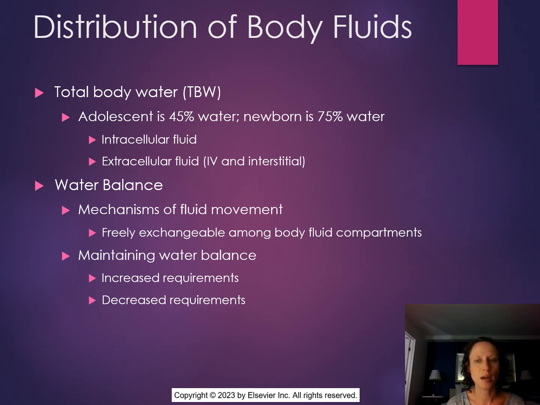It's a really good table that goes over it. Okay, so when we're talking about the distribution of bodily fluids, we're going to talk about the intracellular and the extracellular. And again, this is just a review of basically what is in our interstitial tissues and our extrastitial tissues, right?